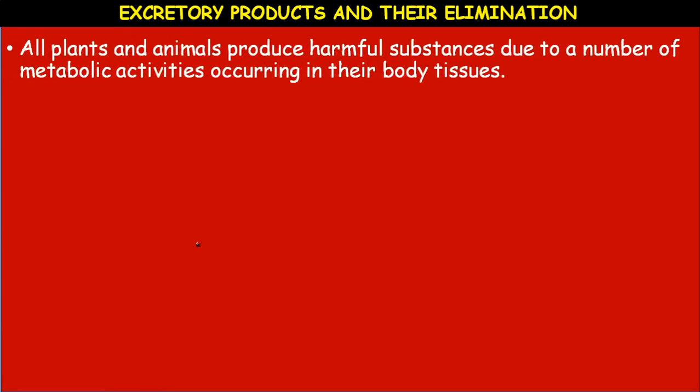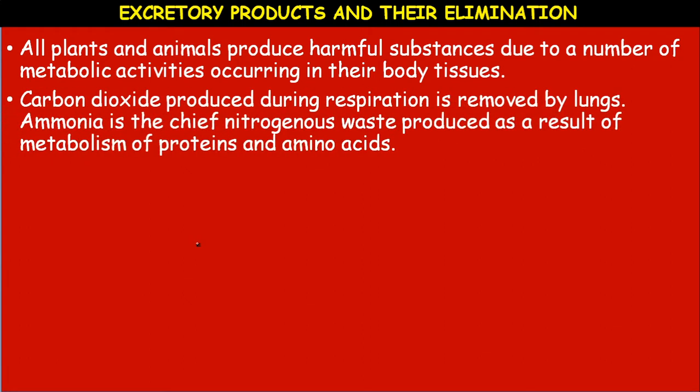Excretory products and their elimination. All plants and animals produce harmful substances due to a number of metabolic activities occurring in their body tissues. Carbon dioxide produced during respiration is removed by lungs.